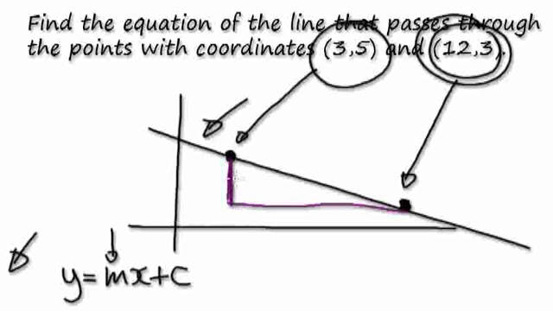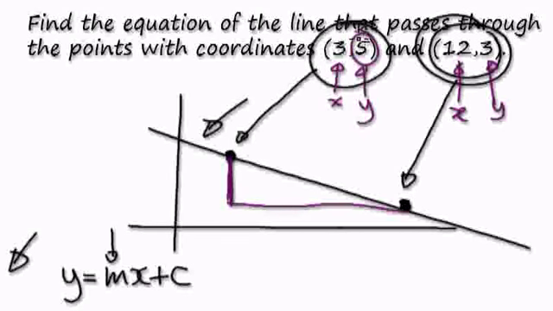Now to find out this height here, remember this is your x, this is your y, this is your x, and this is your y here. To find out the height, I need to know the y value here. Well, it's going to be this, take away this here, because you take the y away from the y. So this height here will be 2.